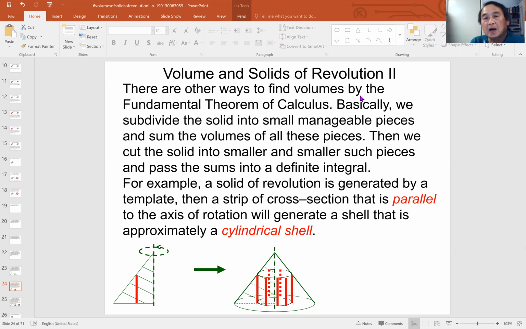One thing is very important about rotations. We're going to rotate templates to make solids of revolution, right?